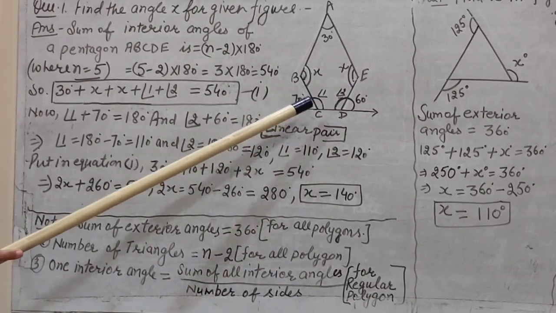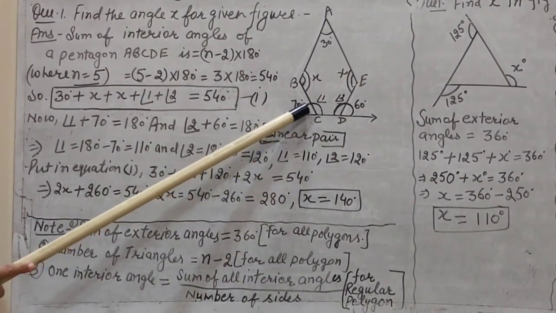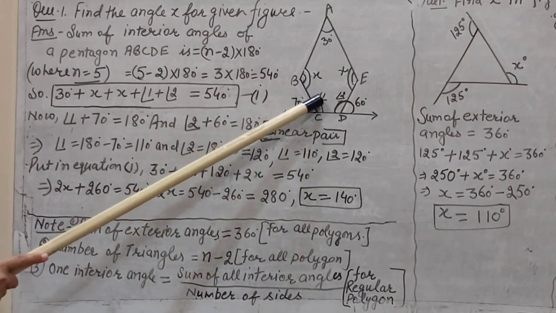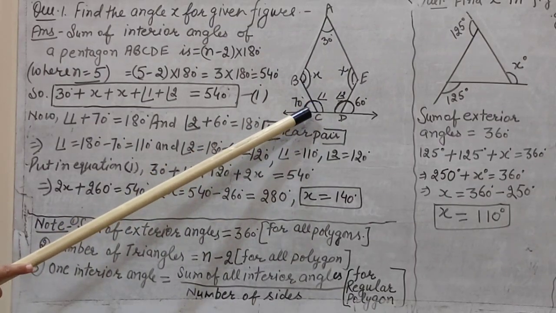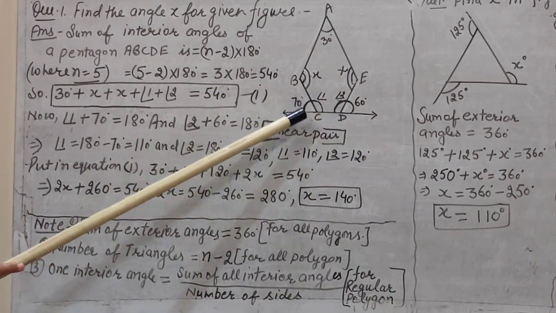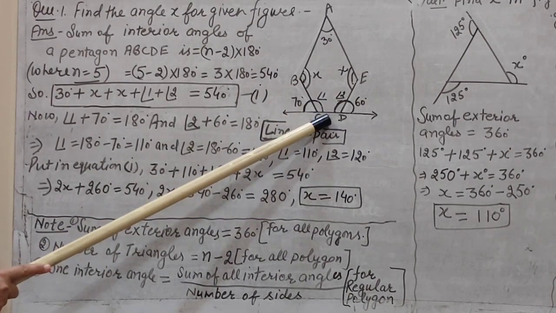Or we can also say that when on the line two angles are made and these two angles are adjacent to each other and complete the straight angle, that is 180 degree angle, then we can also say this is a linear pair.